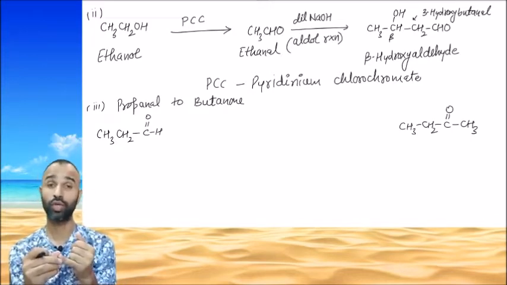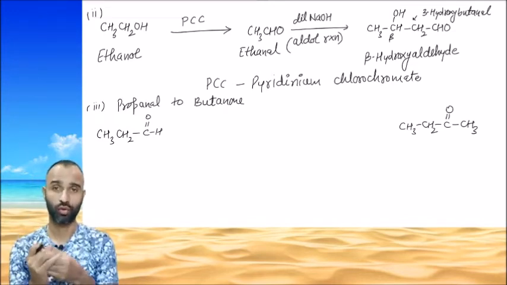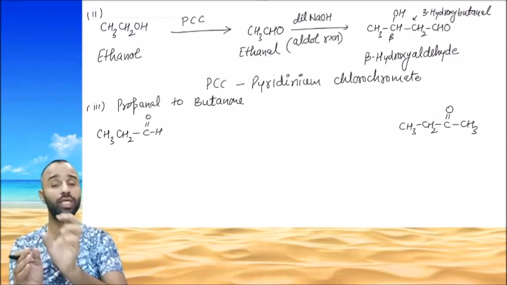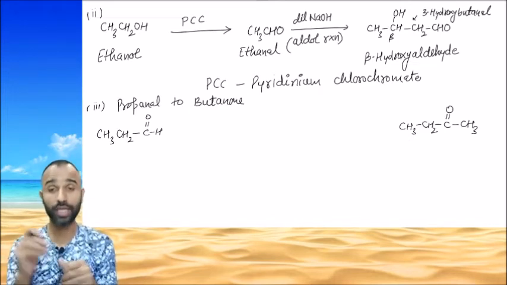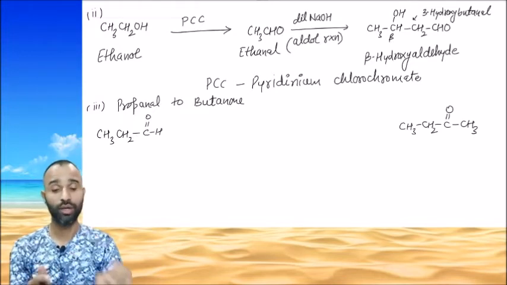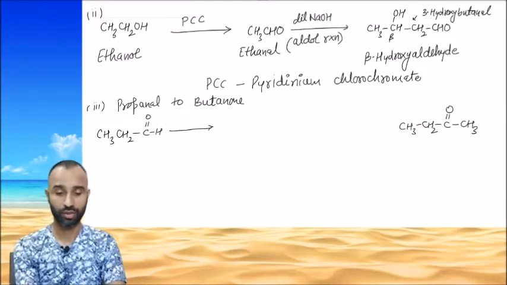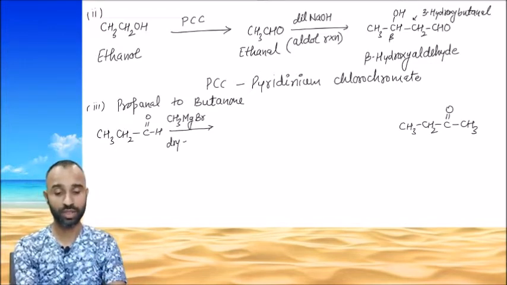But you know, in that case we get terminal CN, means CN is attached at the terminal position, means we get carboxylic acid at the end on hydrolysis. But to get aldehyde or ketone and to increase one carbon only, we have to use Grignard reagent, that is methyl Grignard reagent, methyl magnesium bromide in the presence of dry ether.